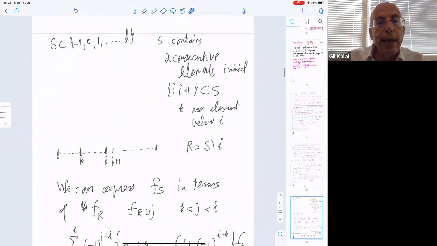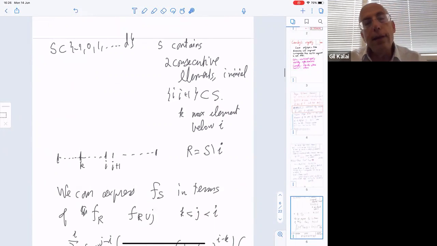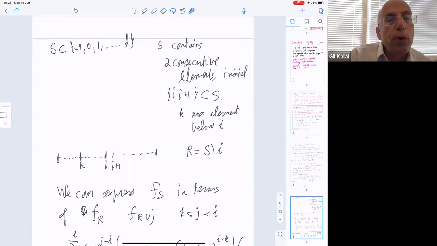If we extend this idea, I'll briefly tell you what to do. Let's consider a subset of indices starting from -1, which corresponds to the empty set, ending with D, which corresponds to the whole polytope. If the subset S contains two consecutive elements, i and i plus 1, then we consider the maximum element in this flag below S, and let's assume that S always contains -1.